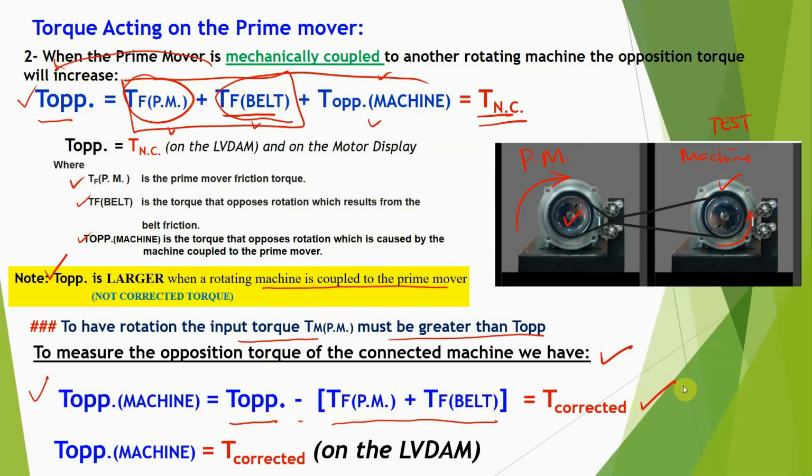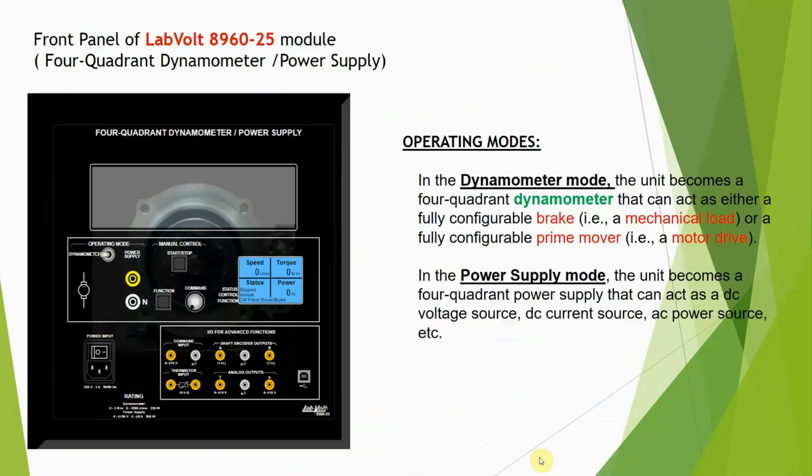And in the screen of the 8960, you can assign measure T corrected, T not corrected. So again, the total torque opposition, the T opposition of the machine is equal to the corrected torque that can be viewed from LabVolt data acquisition metering or from the panel, the screen panel of the 8960 model.